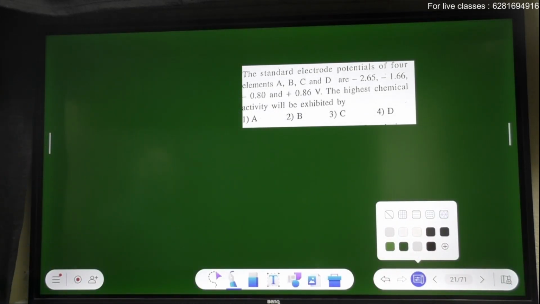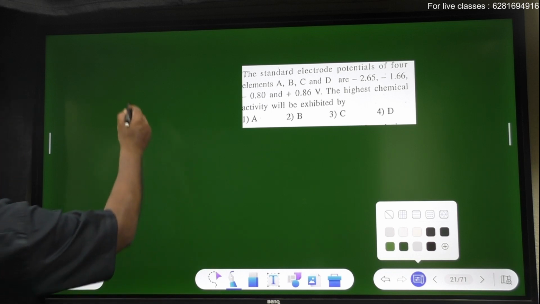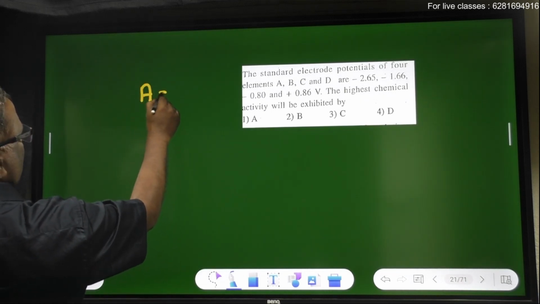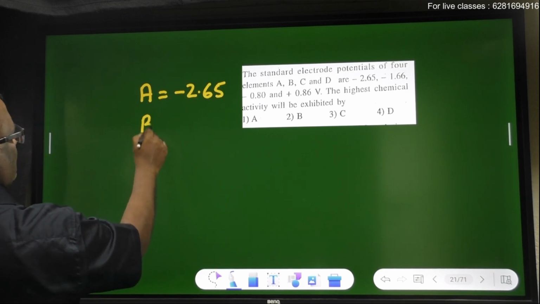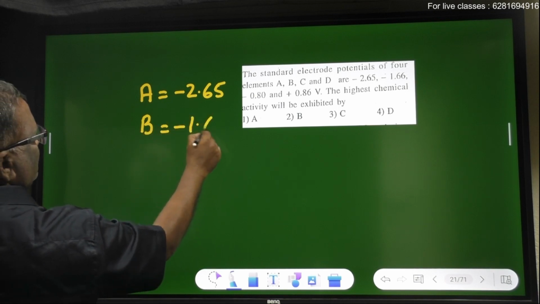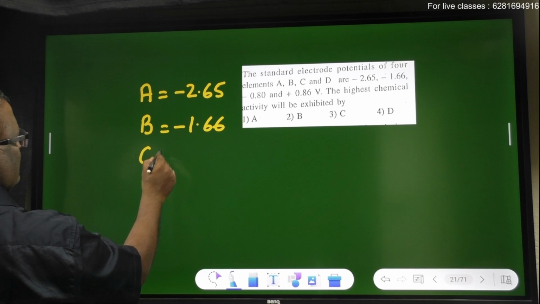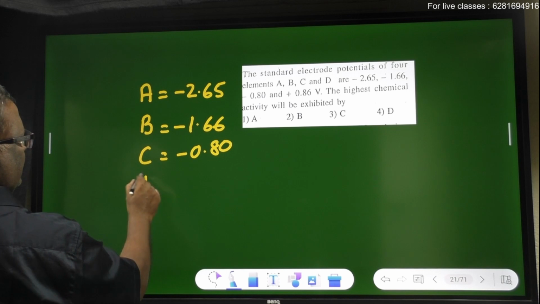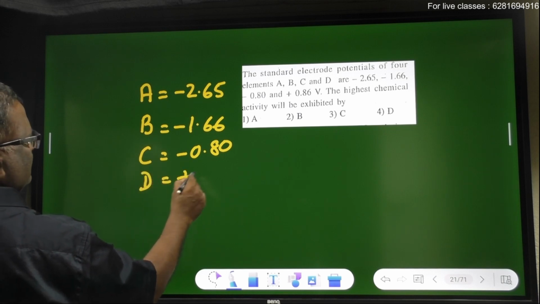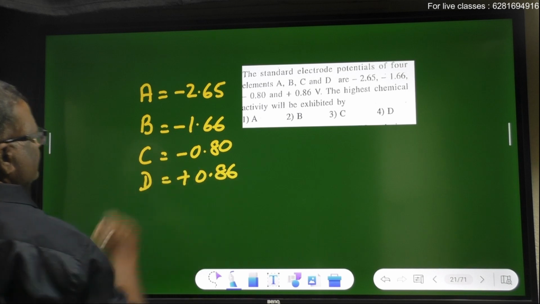The standard electrode potentials of four elements A, B, C, D are minus 2.65, minus 1.66, minus 0.80 and plus 0.86 volts. Which has the highest chemical activity? So A is minus 2.65, B minus 1.66, C minus 0.80, D plus 0.86.